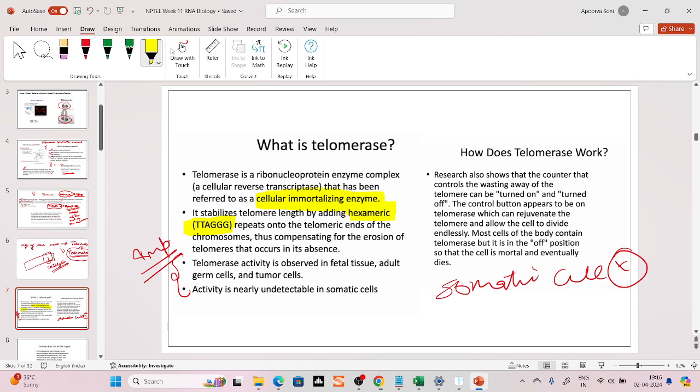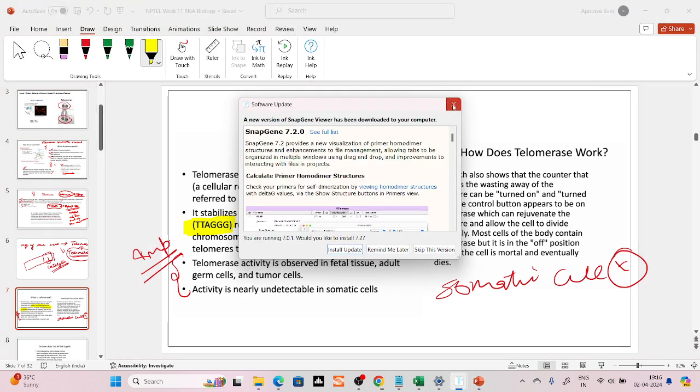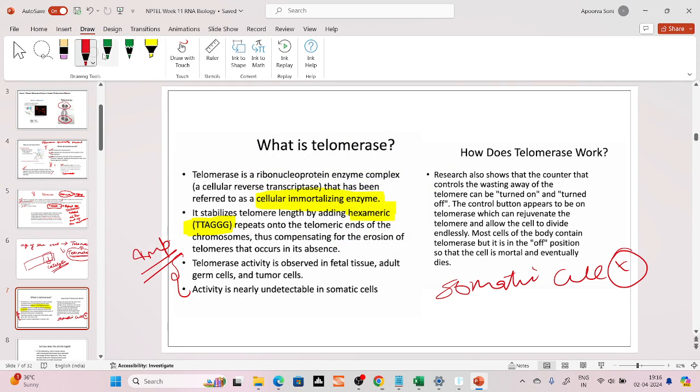See, whether it is a tumor cell, a germ cell or a somatic cell, after each and every round of cell division, telomeres will be shortened. Telomeres will get shortened irrespective of the type of cell, in a somatic cell, in a germ cell, in a tumor cell.